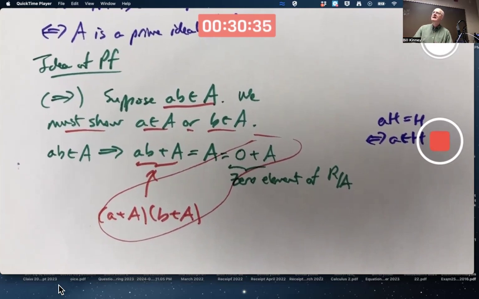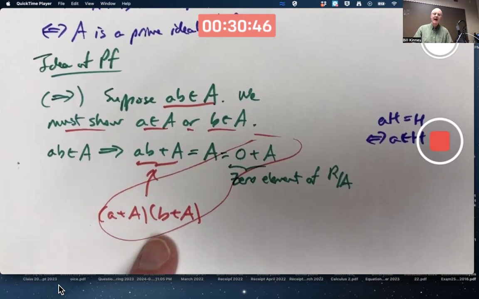Product of two things being zero. That's related to the definition of zero divisors. If there are no zero divisors, the only way for that to happen is if one or the other is zero.